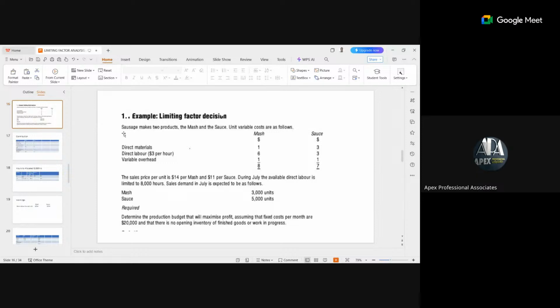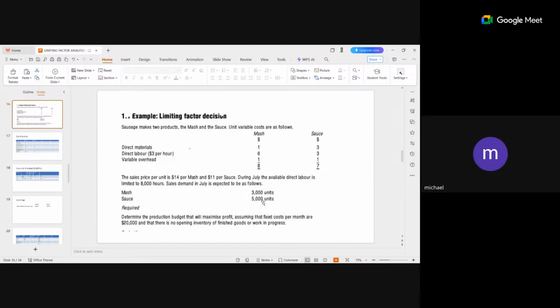To produce 5,000 units of source, how many hours do you need? 1 hour. Good. And you have a demand of what? 5,000 units, right? Yes. So to produce 5,000 units overall, how many hours do you need?